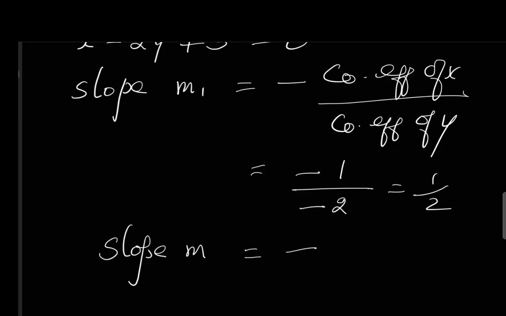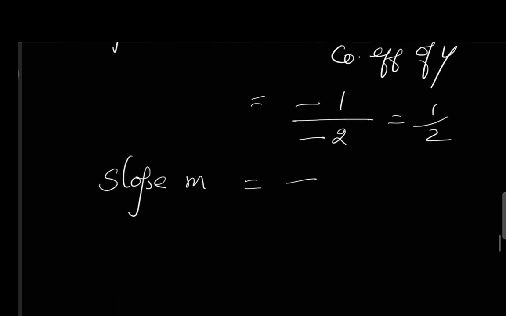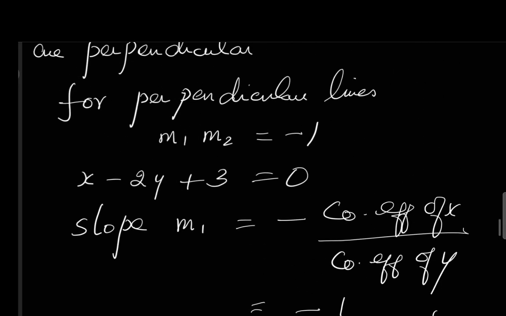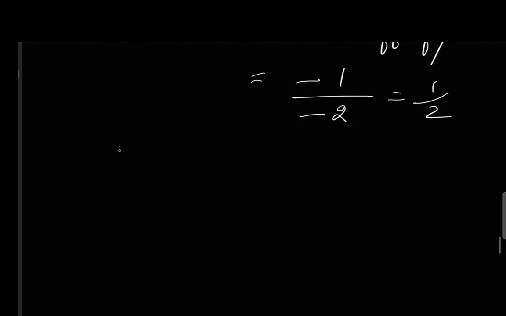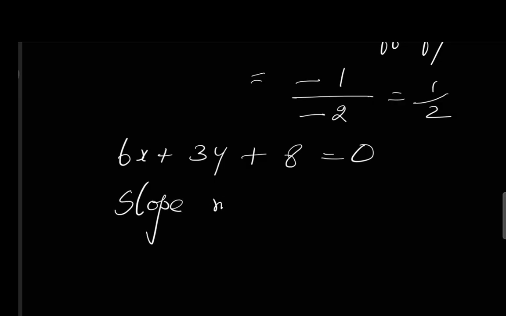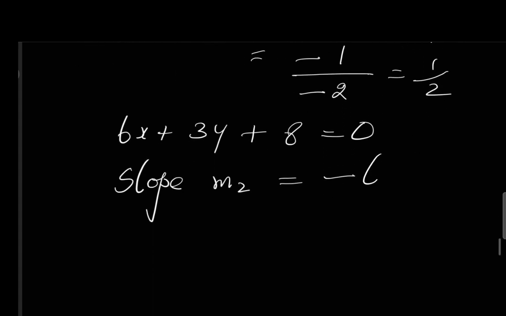Second equation is 6x plus 3y plus 8 is equal to 0. Slope m2 is equal to minus coefficient of x, 6, divided by coefficient of y, just 3. So 3 is the common divisor. 2 3s are 6 and 1 3 is 3.